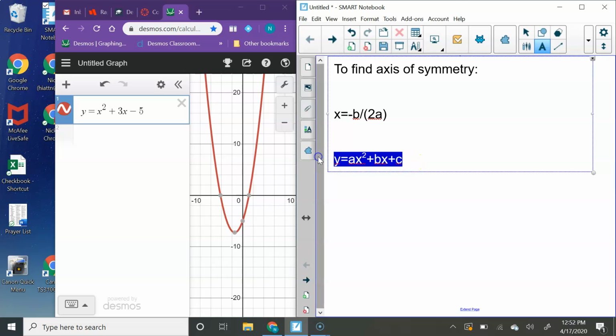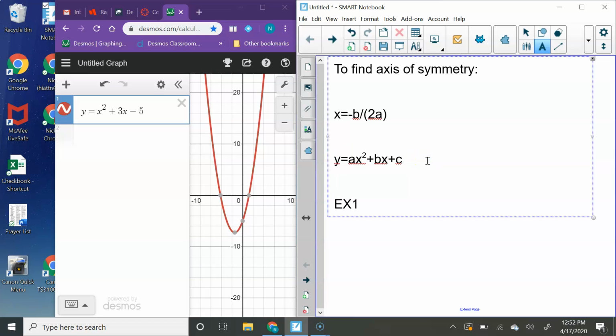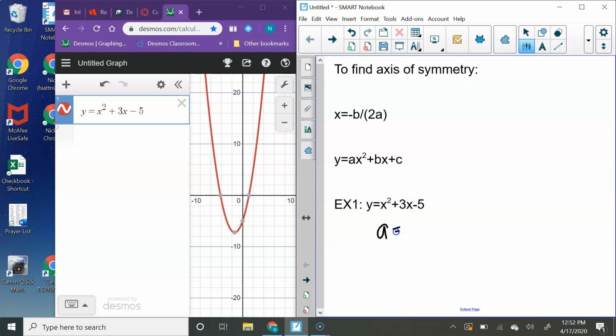So if I use that for this problem, I'm going to copy and paste this. We'll call this one example 1. I've got x squared plus 3x minus 5. So if I want to find the axis of symmetry for this equation, then my a value is 1, because there's no number in front of the x squared, so there would be a 1 there.